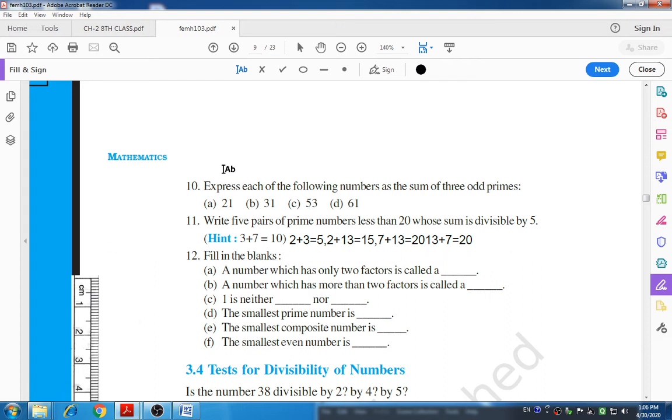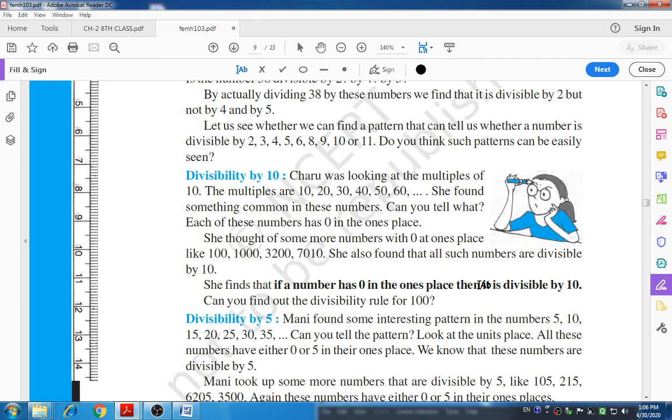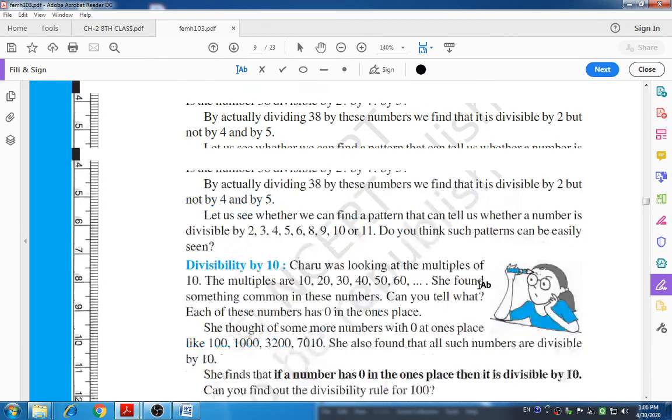Okay, this 12th question is very important. Fill in the blanks. A number which has only 2 factors is called, absolutely correct, prime numbers. A number which has more than 2 factors, absolutely correct, is composite numbers.